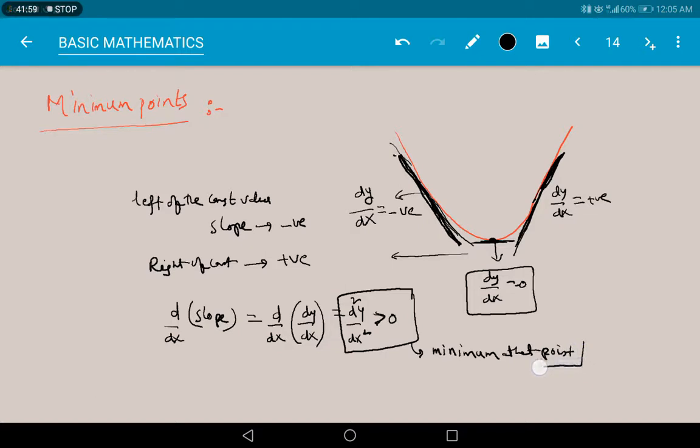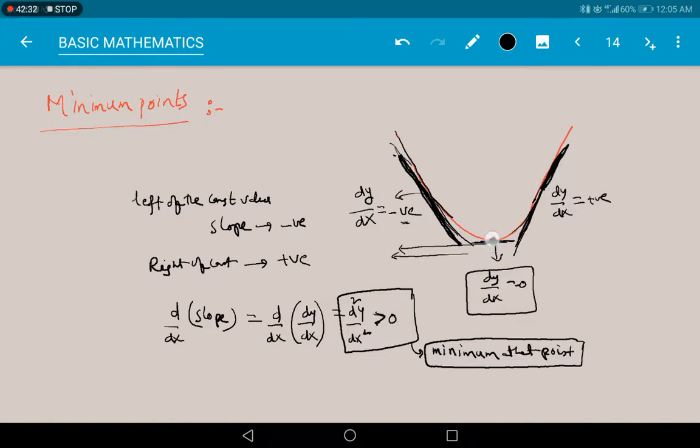Sir, how to find out the minimum point and how to find out the maximum point? We will do a problem, then we can get clarity. So once again I am repeating this. We are going to find out what is the minimum point of the given function. If you observe this graph, left side of the minima, the slope is negative, and right side of the minima is increasing.